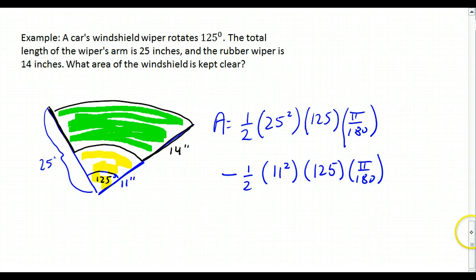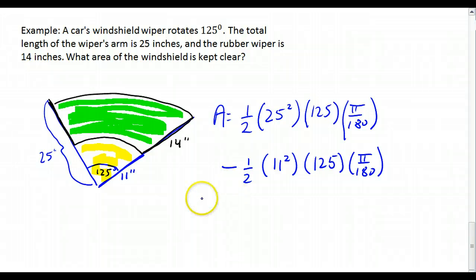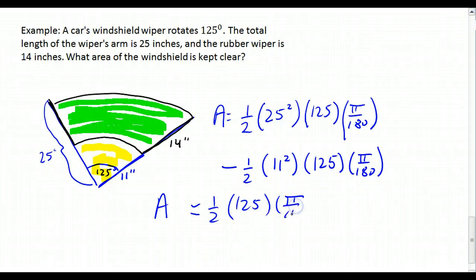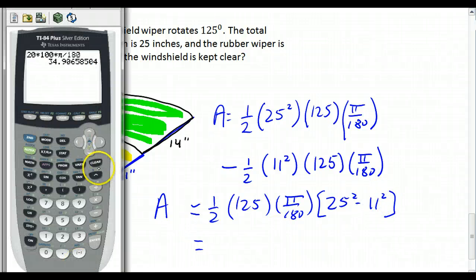Now, if you look at this, you may notice that I can factor out a 1/2, a 125, and a pi over 180, which leaves me with 25 squared minus 11 squared. And that makes our calculation a little easier to work out.